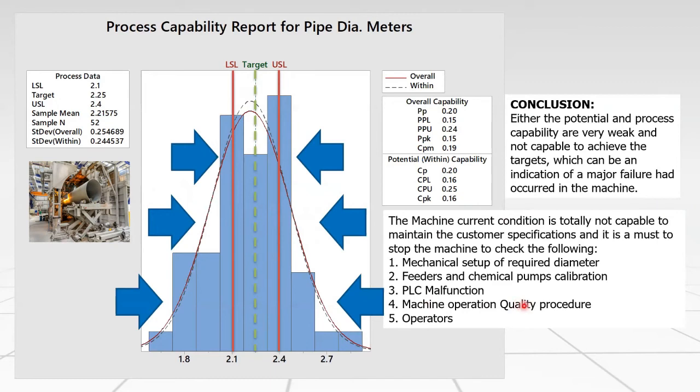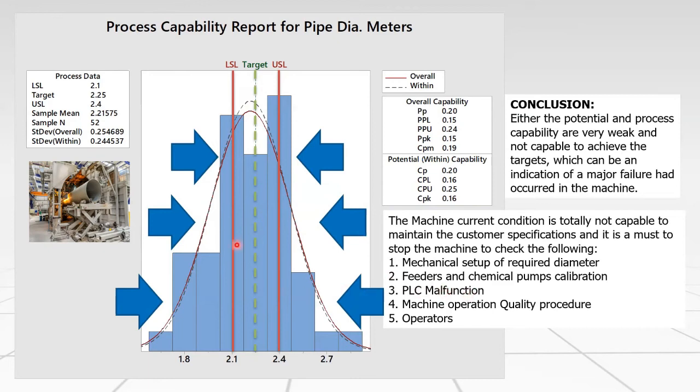The feeders and chemical pumps calibration, the pumps, the nozzles, all of those things should be well checked to ensure that they are calibrated and feeding as per the technical specification.